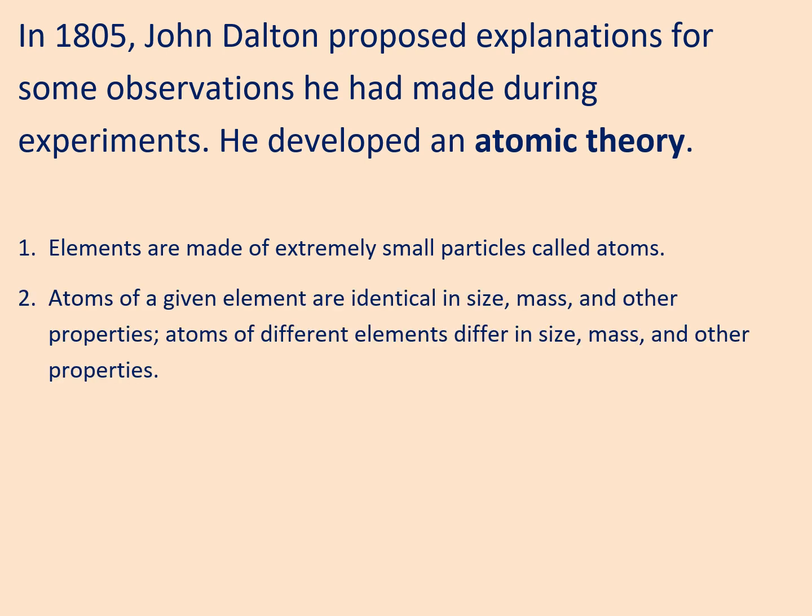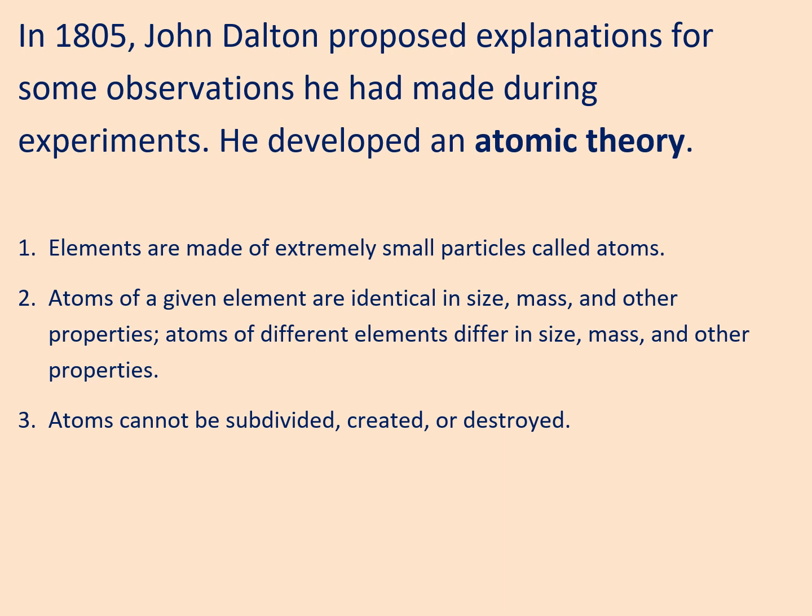Atoms of a given element are identical, so they're the same in size, mass, and other properties. Atoms of different elements differ in size, mass, and other properties. So there are different elements, different atoms for different elements. And this is one key idea that separated his atomic theory from previous thinking as well. Atoms cannot be subdivided, created, or destroyed.